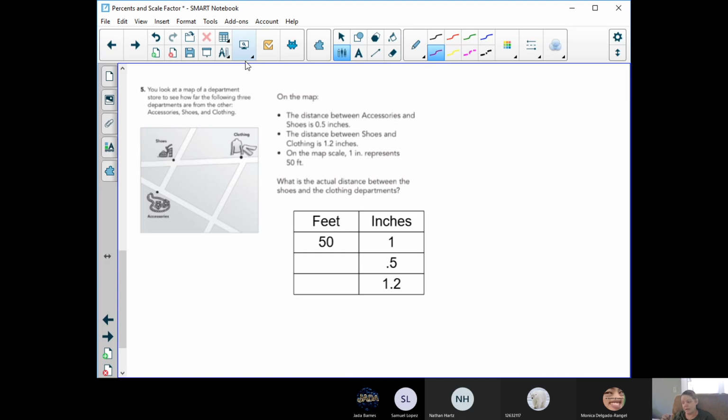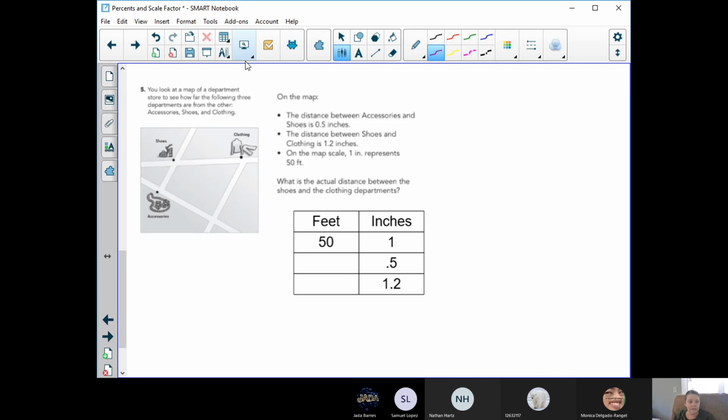And usually at the bottom of the map somewhere or in a corner, it'll tell you what the scale is. So this many feet or miles equals this many inches on the map. So your assignment today is going to be about using a map scale to figure out the actual distance between points. So let's look at an example.